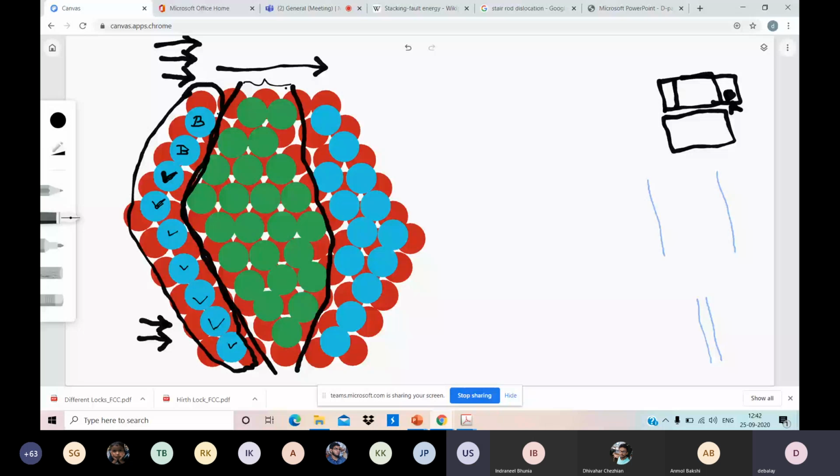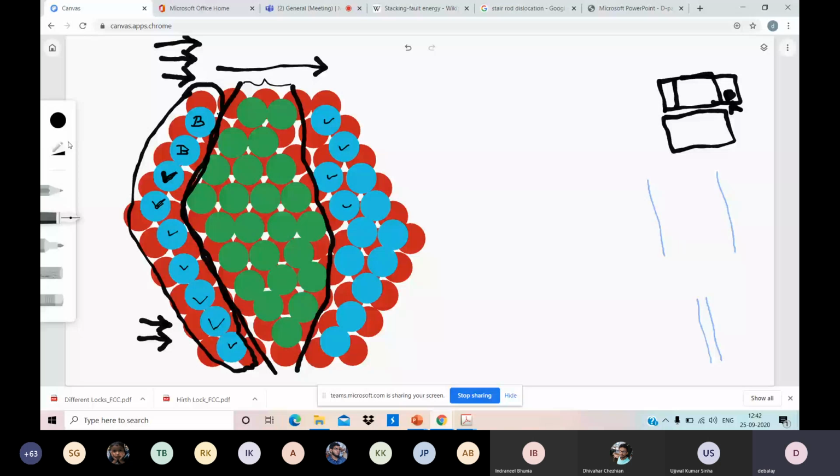So why do we call it a partial dislocation? Why is it not a perfect dislocation? Because if it is perfect, then there would not be any stacking fault.